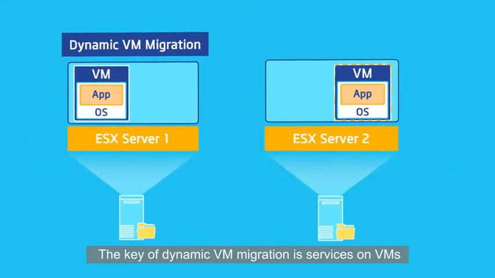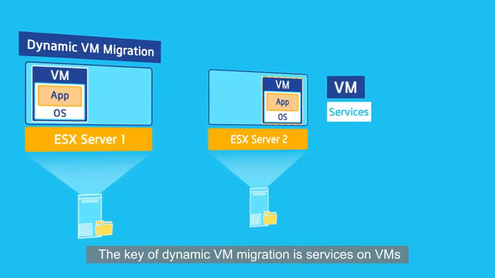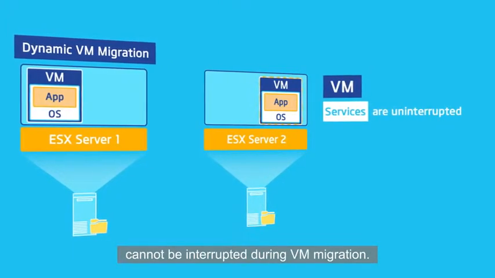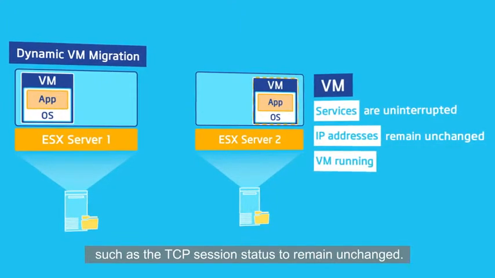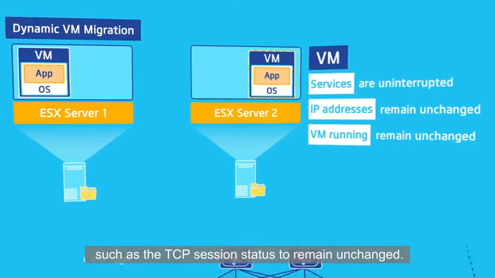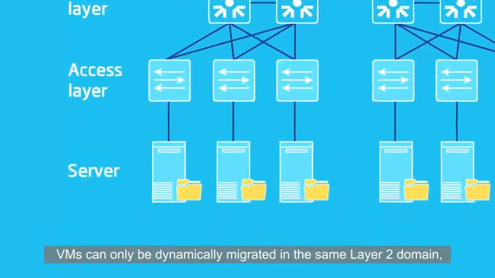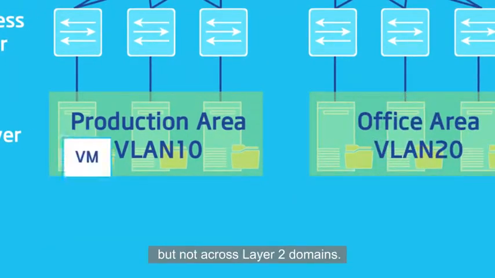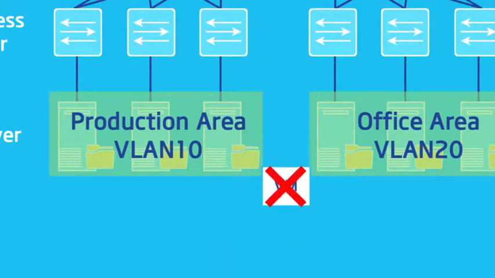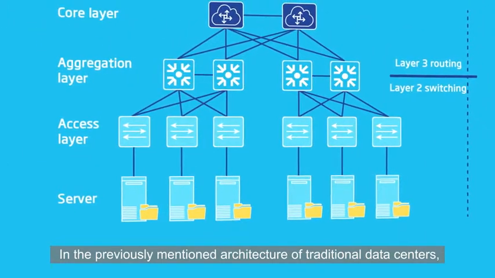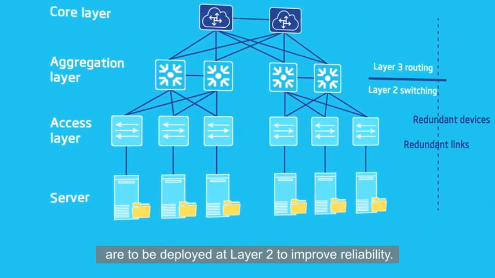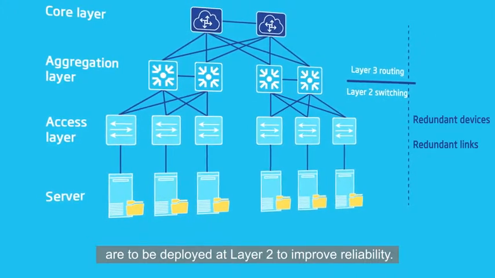The key of dynamic VM migration is that services on VMs cannot be interrupted during VM migration. This requires IP addresses and VM running status such as the TCP session status to remain unchanged. VMs can only be dynamically migrated in the same layer 2 domain, but not across layer 2 domains. In the previously mentioned architecture of traditional data centers, redundant devices and links are to be deployed at layer 2 to improve reliability.